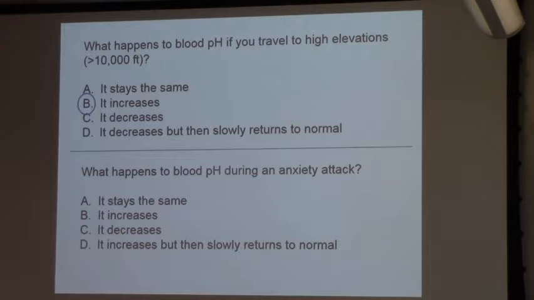So when you hyperventilate because of oxygen, trying to normalize your oxygen by ventilating more, you're actually hyperventilating with regard to CO2. And CO2 is the important thing for pH. So going to high elevations and trying to normalize your O2 causes you to hyperventilate as far as CO2 is concerned. Okay, what happens to blood pH during an anxiety attack?